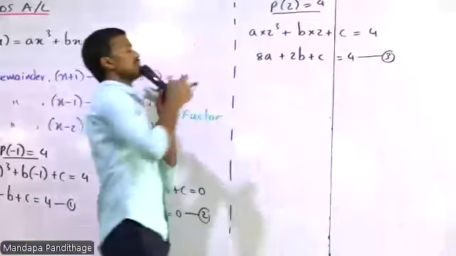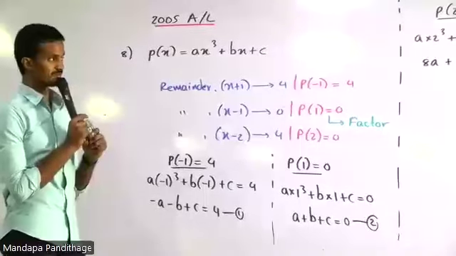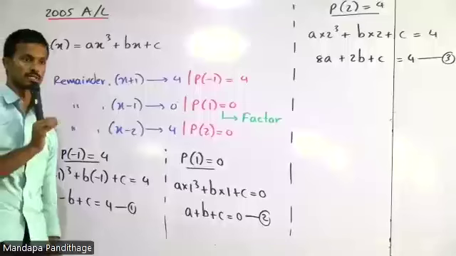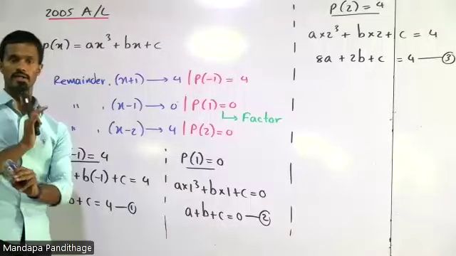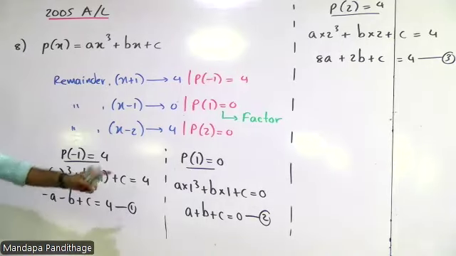So what is the normal procedure when we have 3 simultaneous equations? The normal procedure is that we need to reduce this system into 2 simultaneous equations with 2 variables. That is the normal one. But in this case, you might see that if you add the first one and the second one, minus a plus a and minus b plus b cancel off, and you can directly find the value of c.